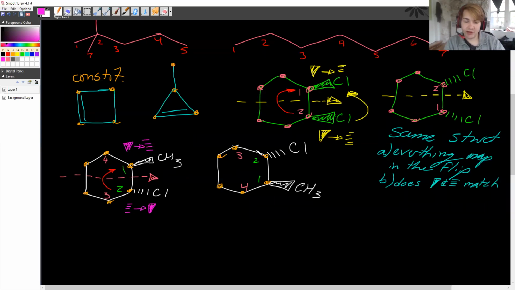And what do I see? Well, I see that the chlorine moved to the right location, but my wedging and dashing has not. Once again, my carbon has moved to the right location, but the wedging and dashing has failed. And so this is what a stereoisomer is.